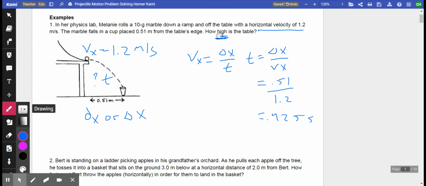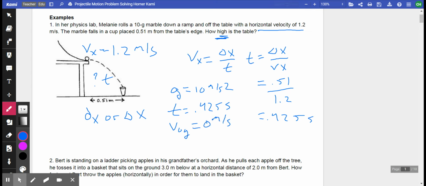But they want to know how high is the table. We know gravity is equal to 10 meters per second squared. We also know that our time to fall is equal to 0.425 seconds. We know that our original velocity in the y direction is equal to 0 meters per second.